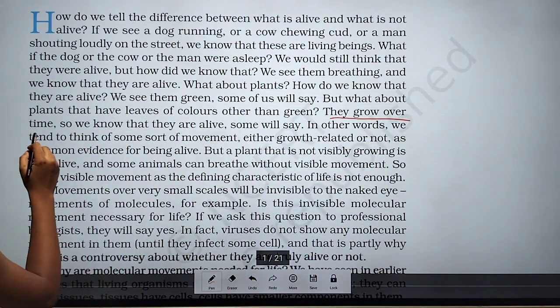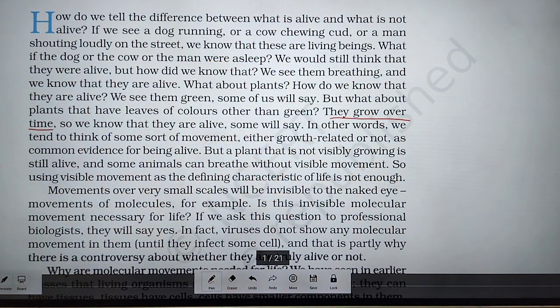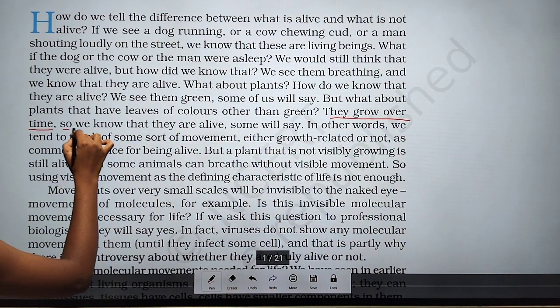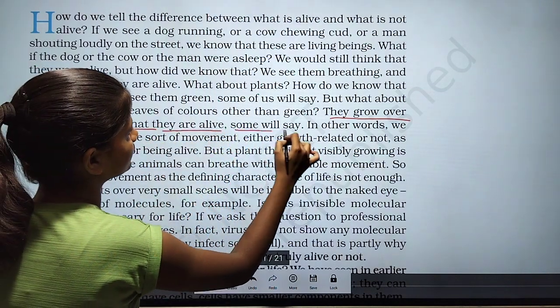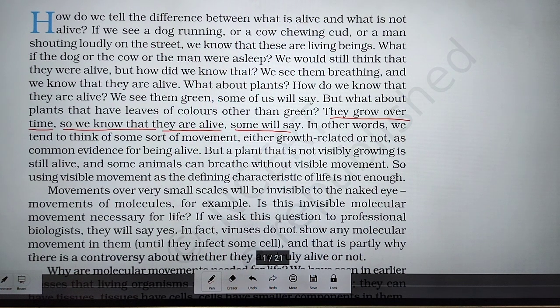They grow over time, so we know that they are alive. Some will say that they can grow over time, so they are alive. Okay.